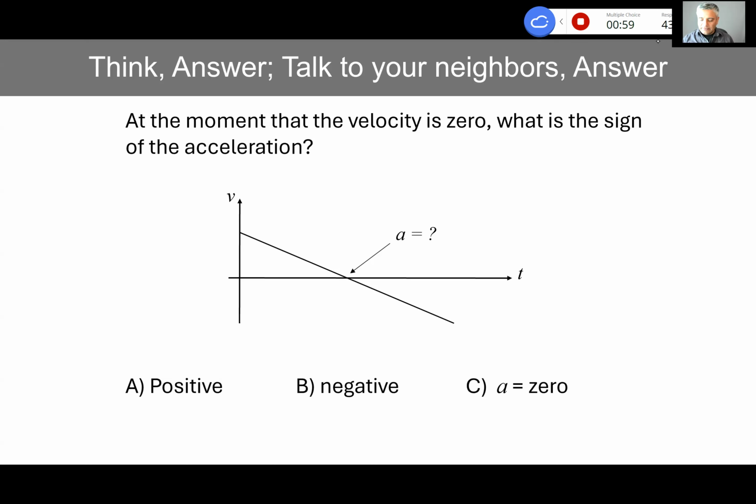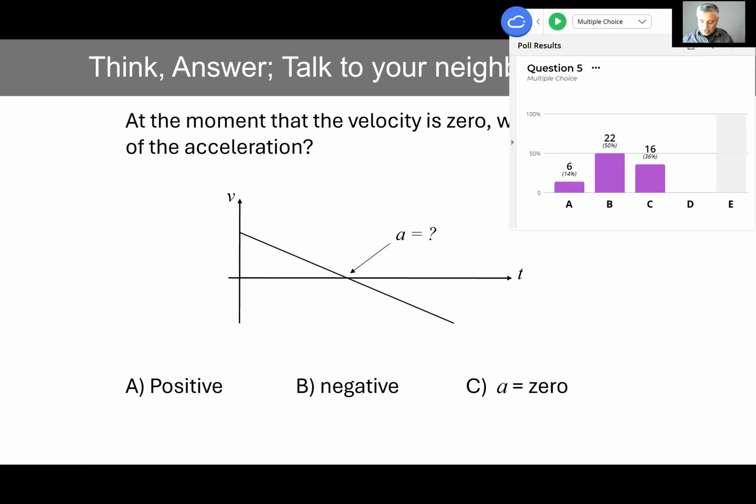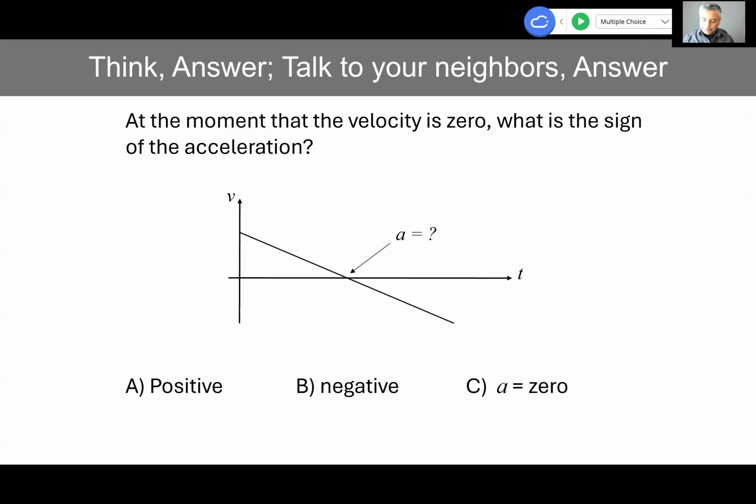Five more seconds. 5, 4, 3, 2, 1, and it stops. Okay. Let's see how did we do here. So we got all responses, including 0, but there is slightly more for B. In this case, B is the correct answer.